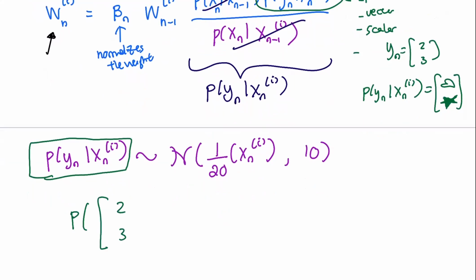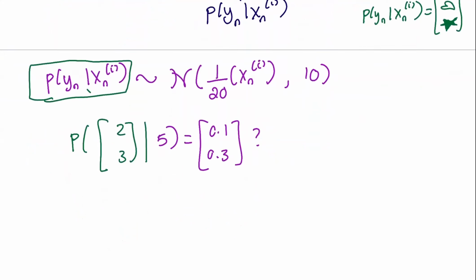So probability of 2, 3, given, say, make it simple, we'll make x a scalar. So given 5, this can be, say, 0.1, 0.3. No, it's a scalar. It'd be a single probability.